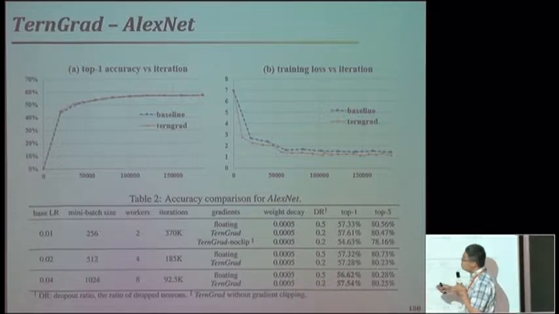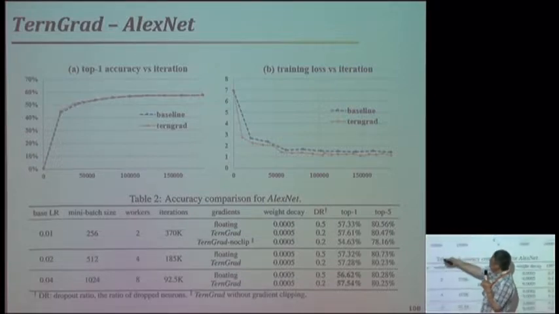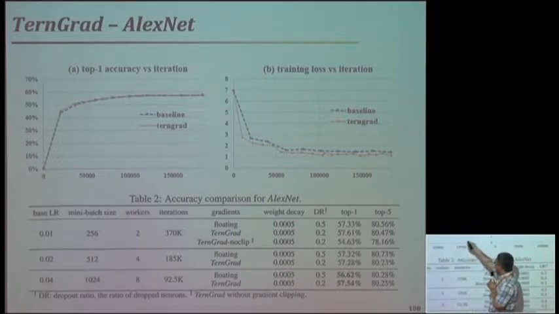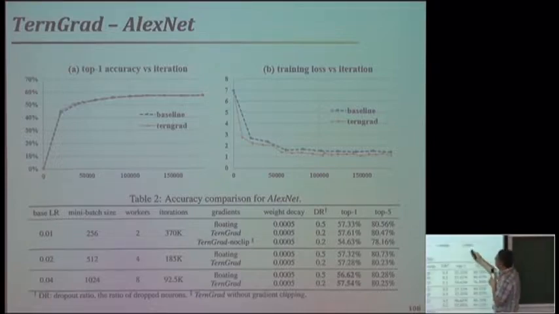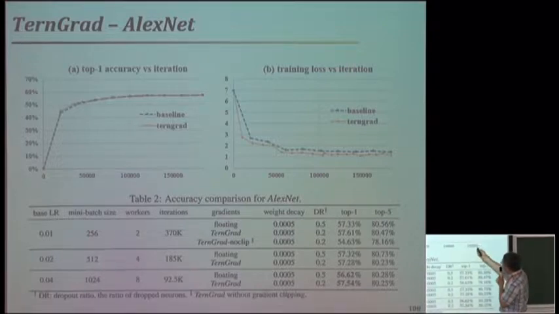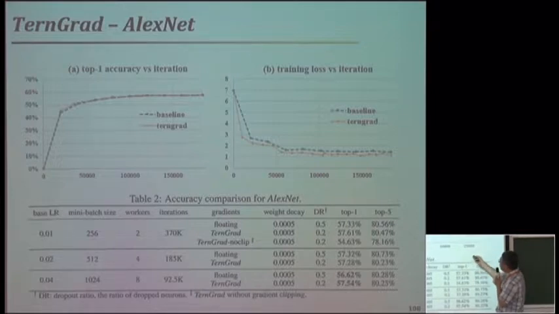If we increase the iteration, you see the baseline and the canary gradient are pretty much the same, right? And for the training loss versus the iteration, you will find the training loss of the canary gradient is even lower than the baseline.